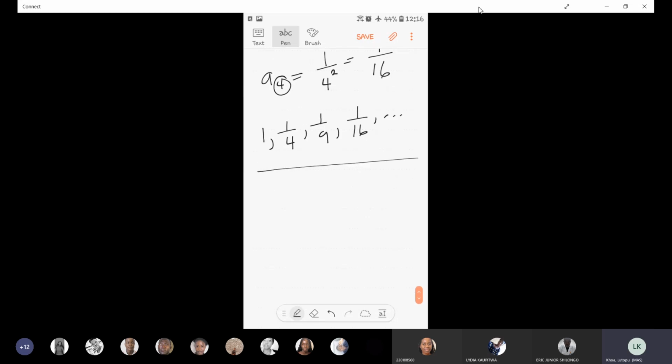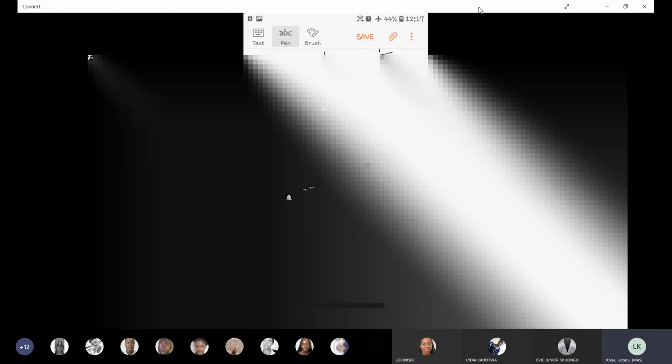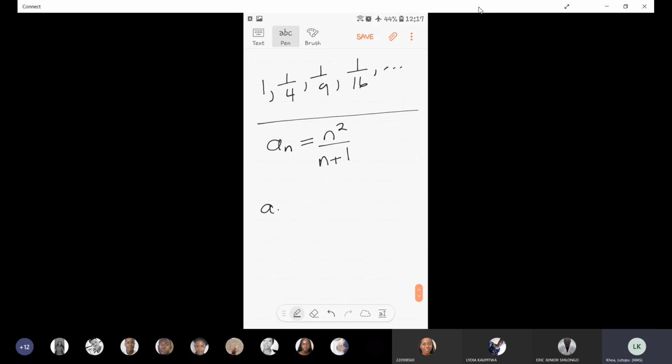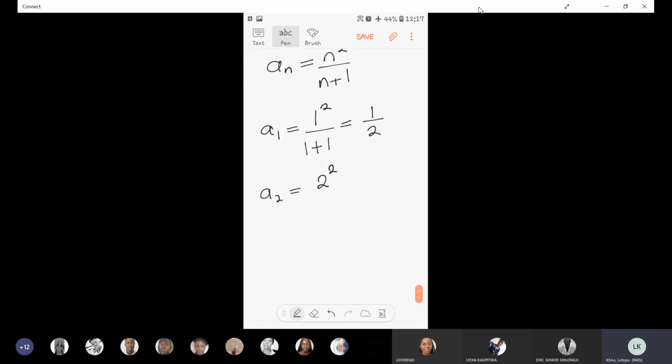Some more examples. With a_n, this is n squared over n plus 1. So again, we want the first 4 terms. So a1, this means in my numerator I have 1 squared divided by 1 plus 1. This is equal to 1 over 2. a2, I have 2, which is my n. I square it, and then I divide this by 2 plus 1.